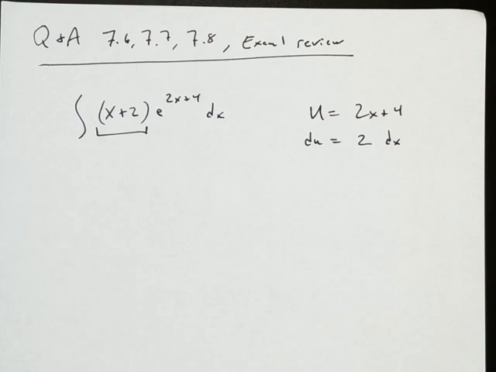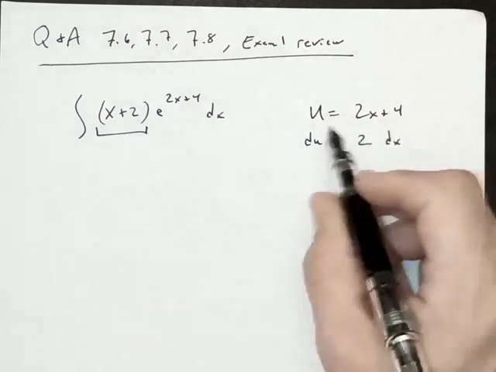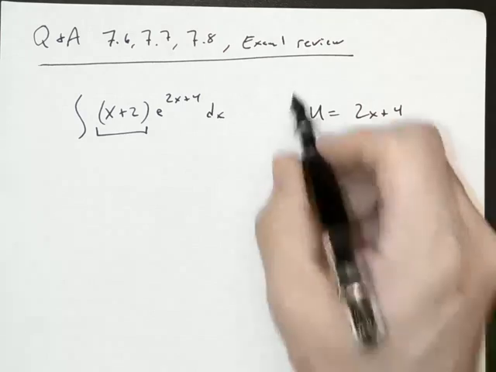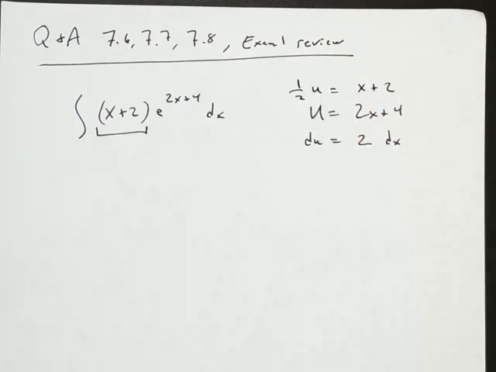Don? What did you see? You can solve the u equation for x. I can go you one better. Can't just solve it for x. I could actually solve it for x plus 2. If I divide this by 2, then 1/2 u is exactly x plus 2, isn't it?